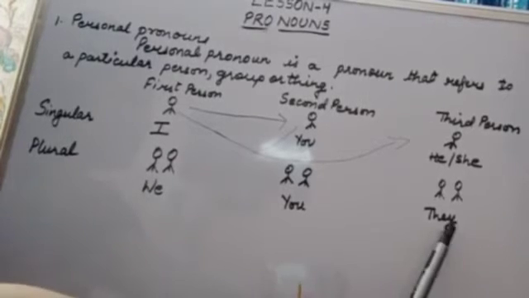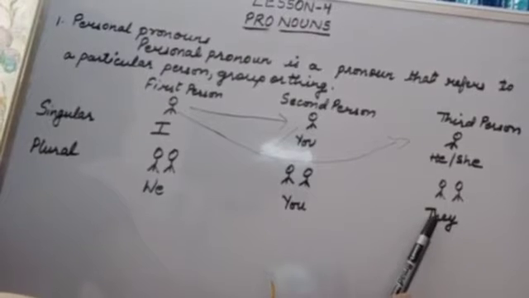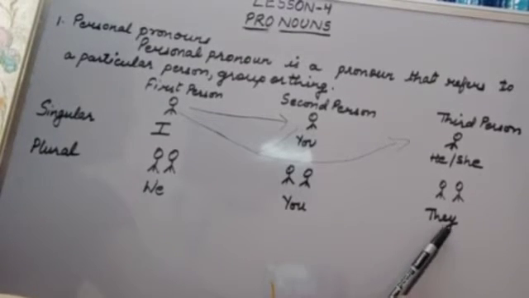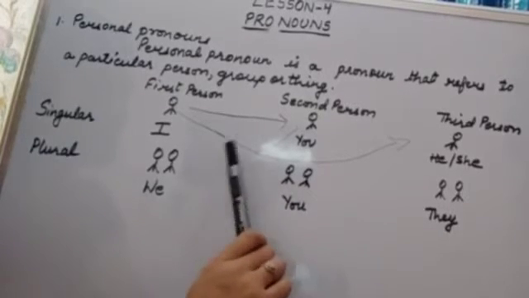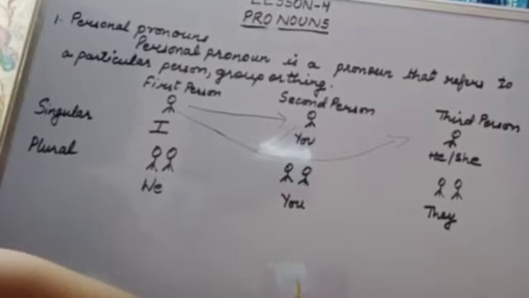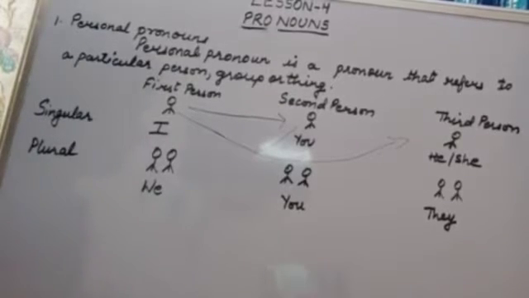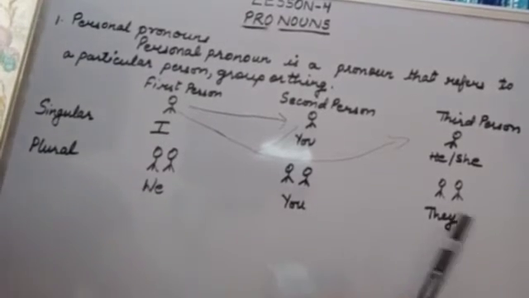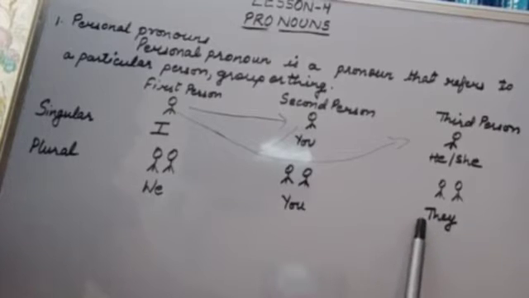I can use the pronoun they. I have taken three names, so in place of those three names I can use pronoun they. So I am telling my friend that they are playing in the playground, or they are practicing for their dance. So they is used for more than one person.